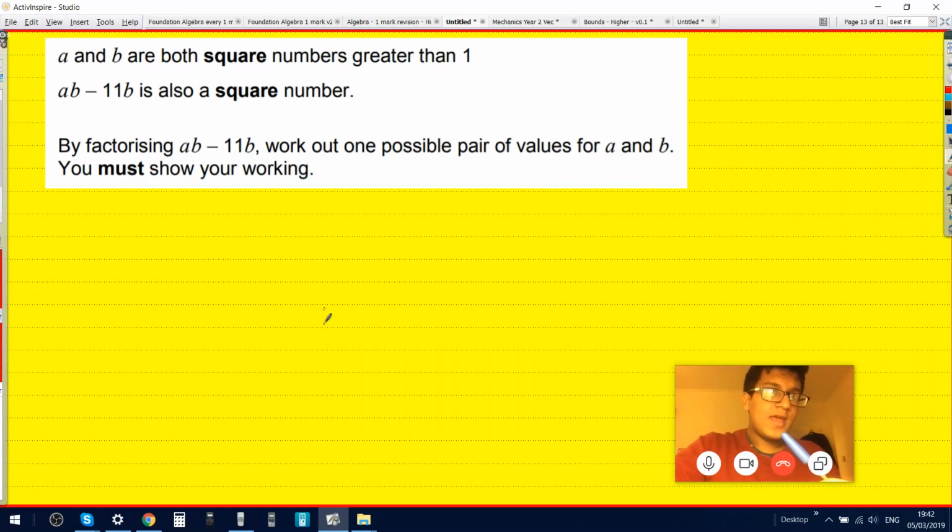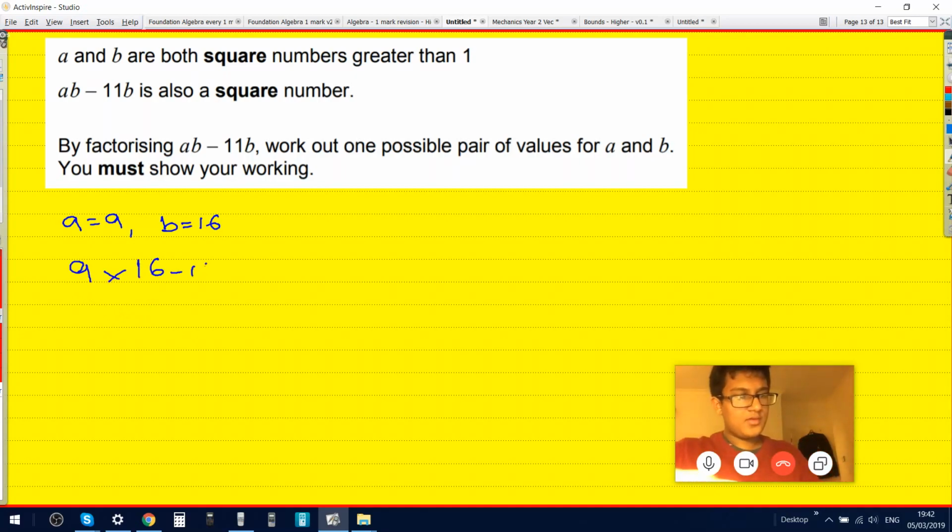So if we take A to be 9 and B to be 16, we could just use trial and error. So 9 times 16 minus 11 times 16 is minus 32. That doesn't work.